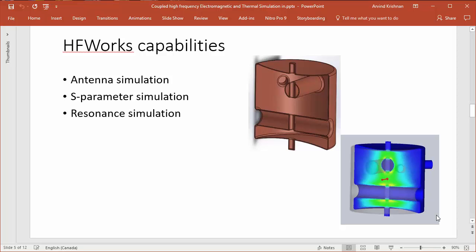HFWorks gives you the S parameters, which can then be used in further circuit simulation of your passive components. And finally, HFWorks is capable of computing the electromagnetic resonance inside any passive component, any structure. So these are broadly the 3 main study types that HFWorks permits today.